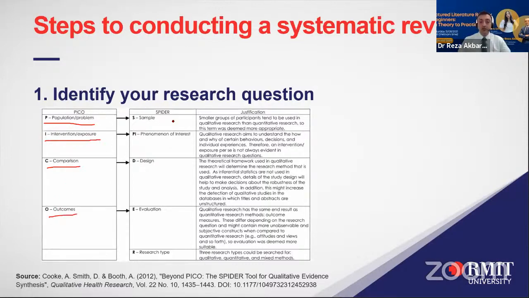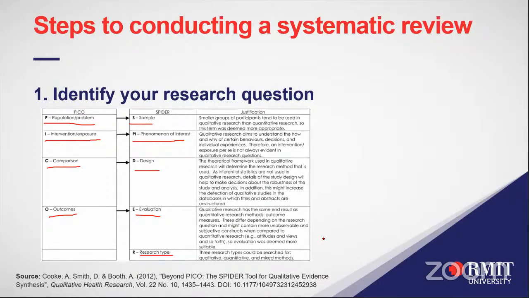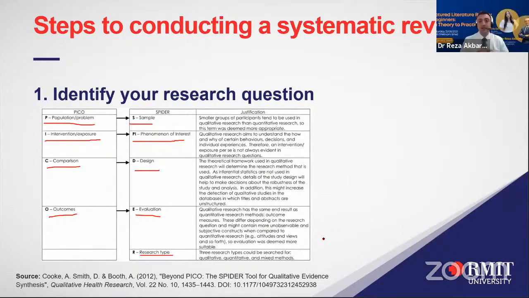Or you might go to SPIDER. SPIDER is a little bit more in detail. We're looking into sample, phenomenon of interest, design, evaluation, and the research type. So it can be all those things that we can look into for our systematic review. Again, it depends on what you're doing, how deep you're looking into, or there are lots of other ways that we can develop those research questions.